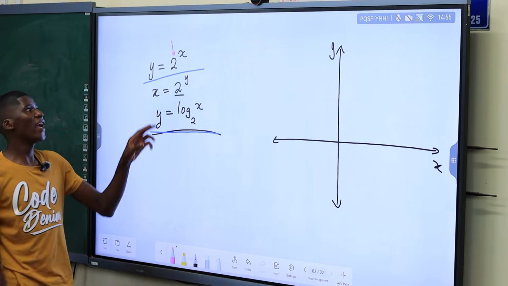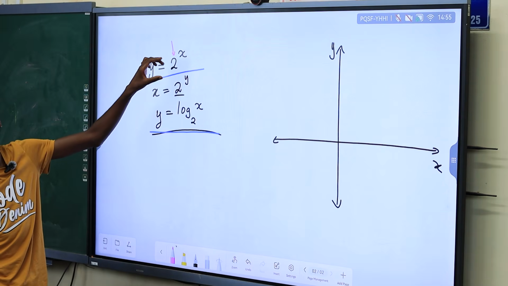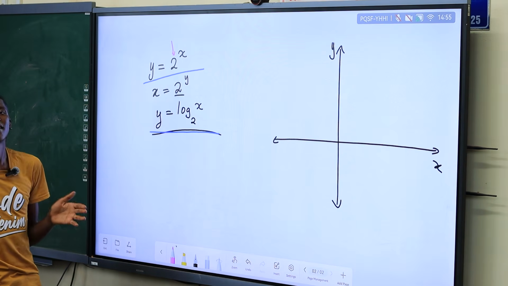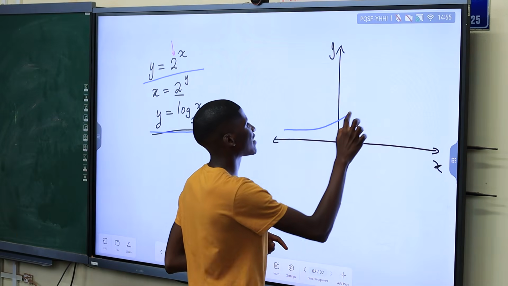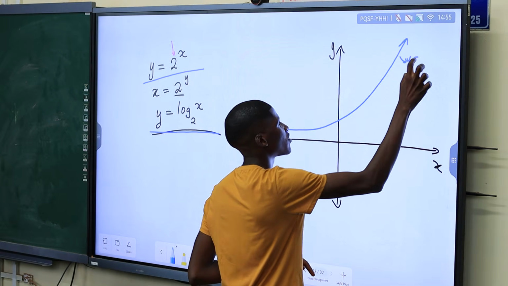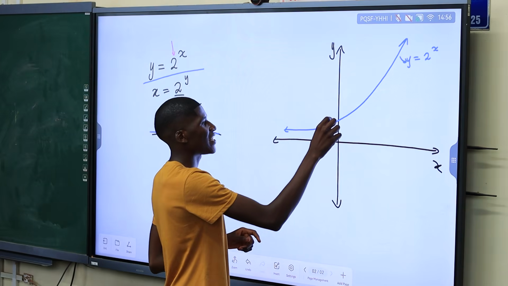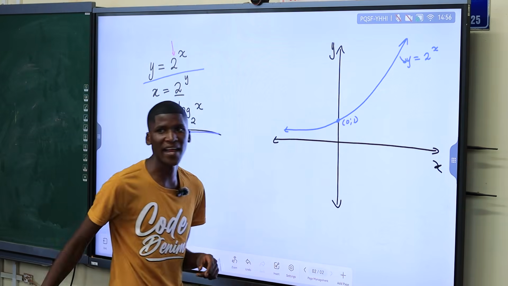If the base here is greater than 1, we say it is an increasing function. But if it is between 0 and 1, we say it's what? It's a decreasing function. So we know that it's just going to be an exponential function like this, given by y is equal to 2 to the power x, right? And obviously, it intercepts at the point 0, 1.